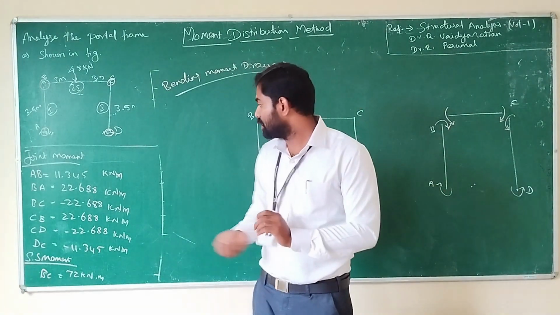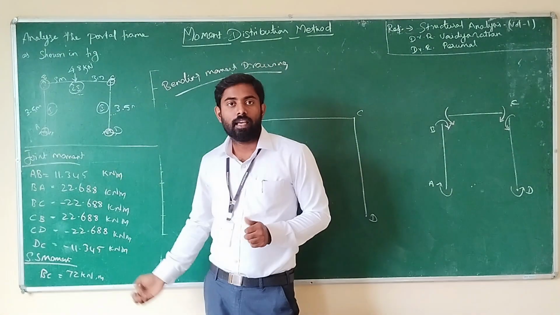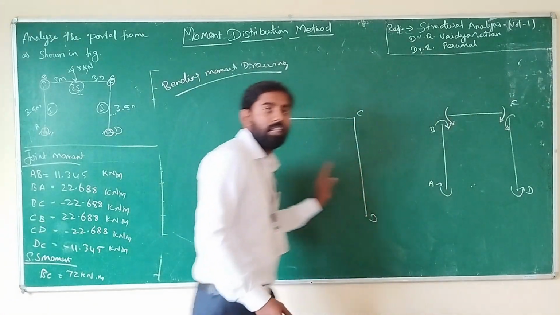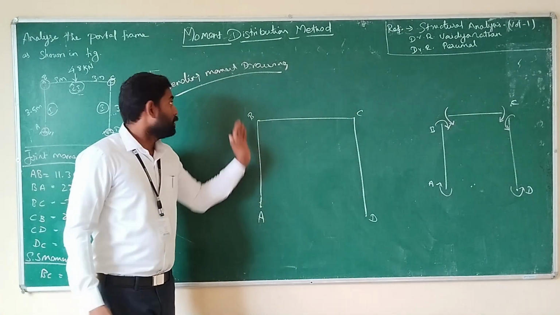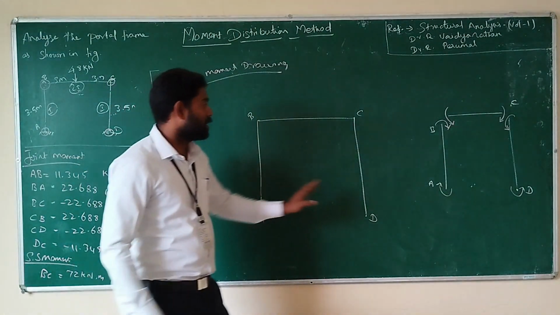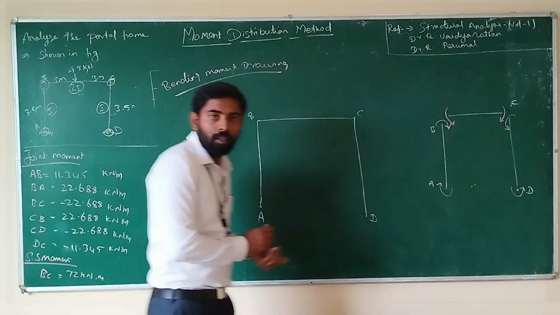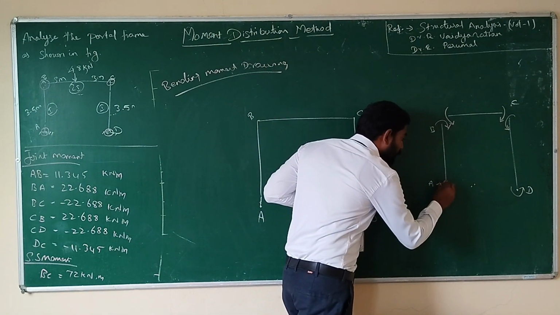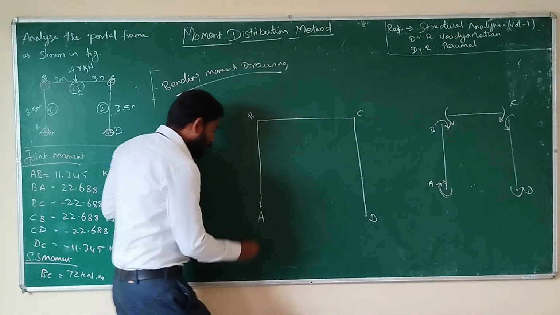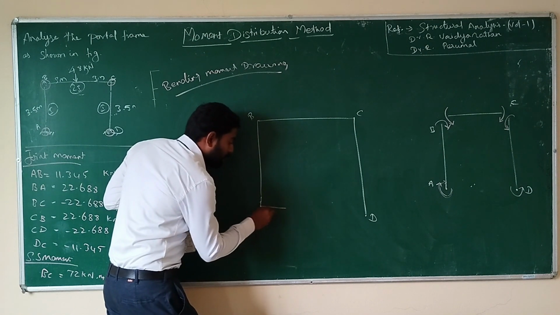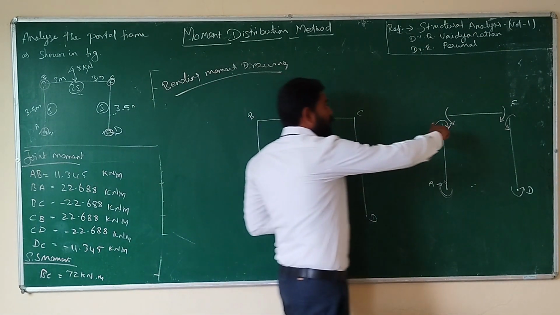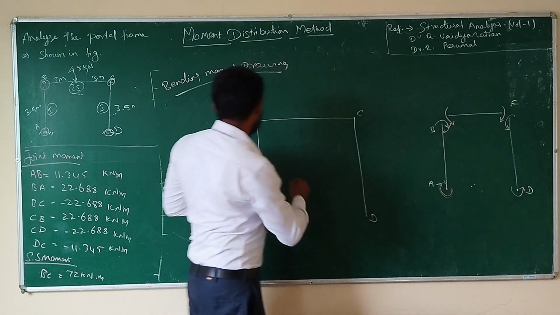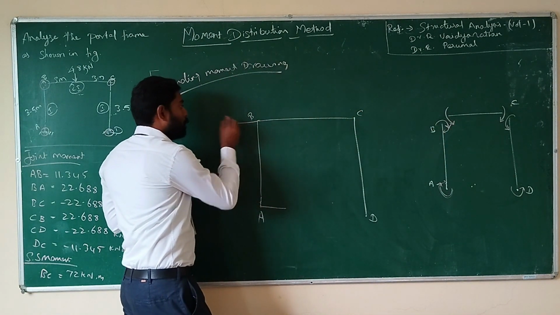So these are the various directions I have mentioned, and now we plot these moments in the form of a bending moment diagram. For A, the moment will be hitting at this point, so the moment diagram will be on the inner side. For B, it will be hitting at this point, so the moment for B will be on the opposite side.